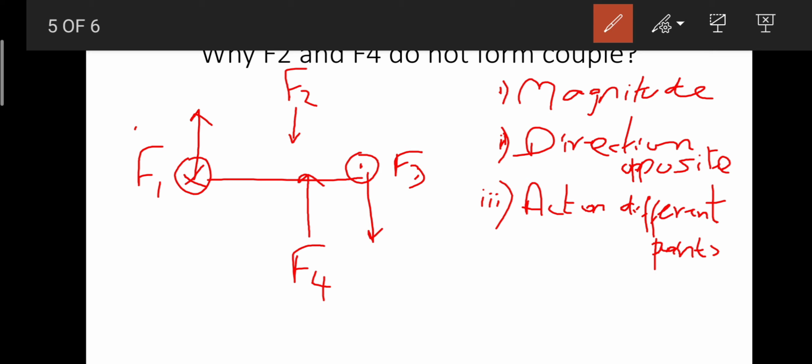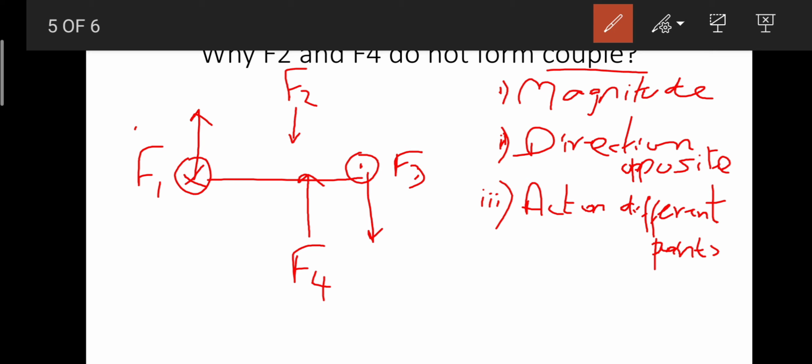So they are equal in magnitude, opposite in direction, and also acting on the same body but at two different points. The main condition for a couple is that F1 and F3 should be acting on two different points of the same body. So here the condition of a couple is fulfilled: F1 and F3 are going to produce the couple, and F2 and F4 are not going to take any part in producing a couple.